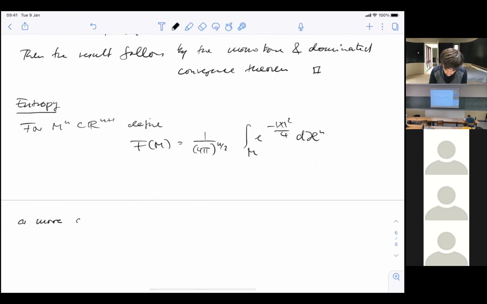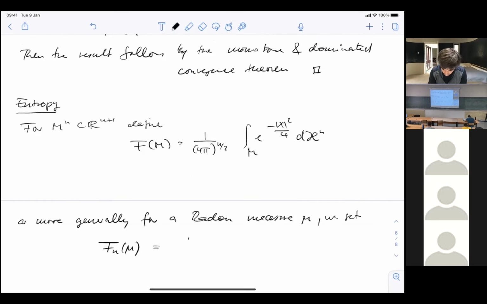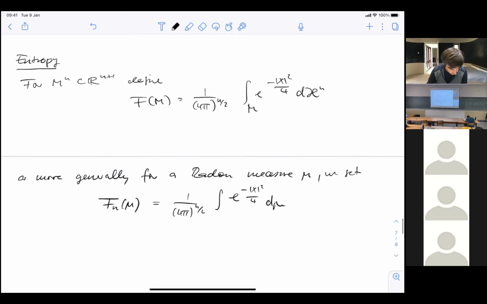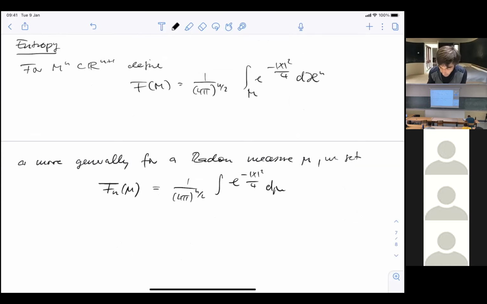Or more generally, for a Radon measure mu, we will need it for measures as well, we set F of mu as follows. Now this doesn't have a dimension, so we have to put the dimension in the definition: 1 over (4 pi) to the power n over 2, the integral of e to the minus |x| squared over 4 d mu. Okay, which is finite if we, for example, assume that these measures have bounded n-dimensional area ratios, or even some kind of control at infinity.